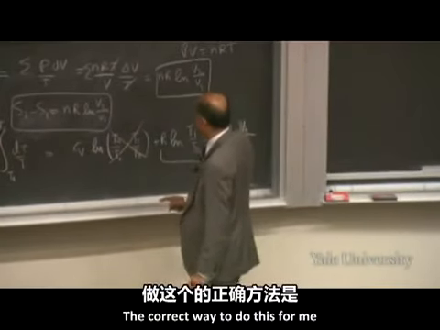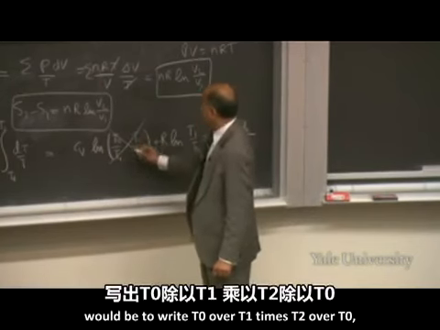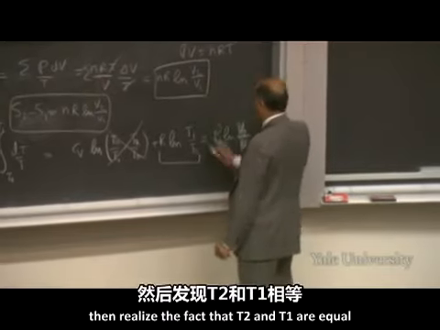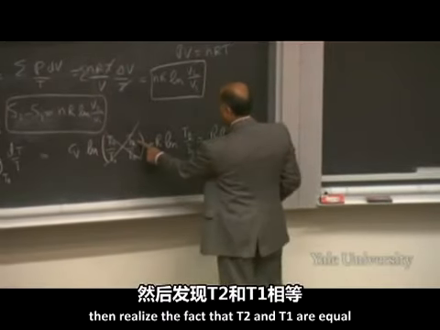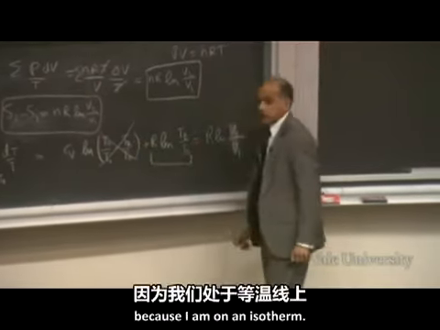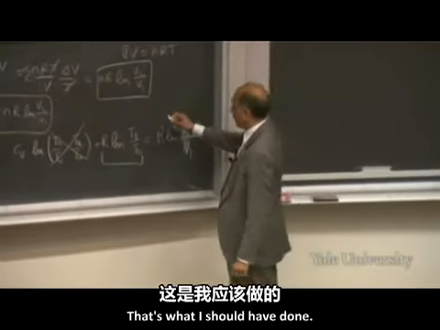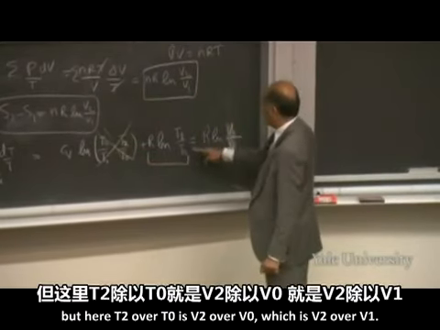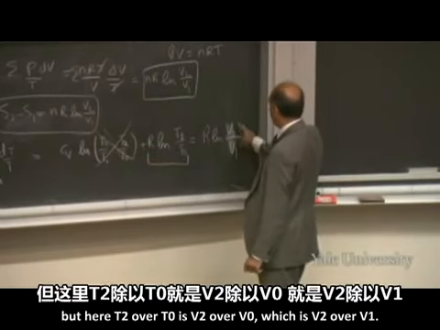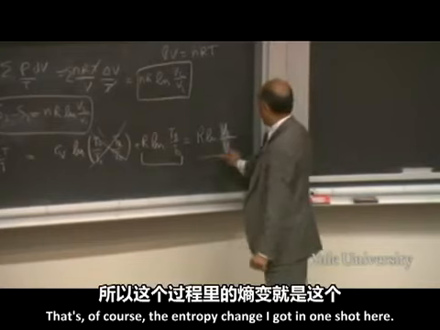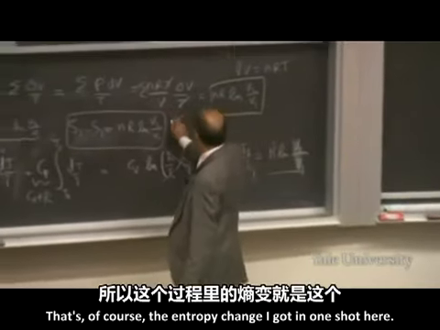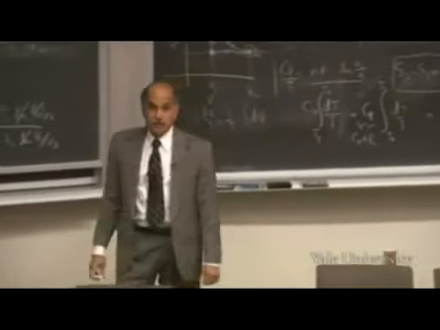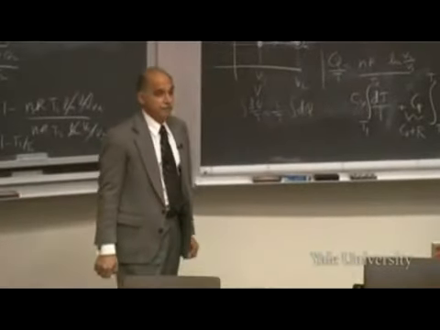The correct way to do this would be to write T0 over T1 times T2 over T0, then realize that T2 and T1 are equal because I'm on an isotherm. That's what I should have done. So I should cancel this factor because T2 is T1. But here, T2 over T0 is V2 over V0, which is V2 over V1. That's, of course, the entropy change I got in one shot here. So you can find entropy change any way you like. You usually pick the easiest path.